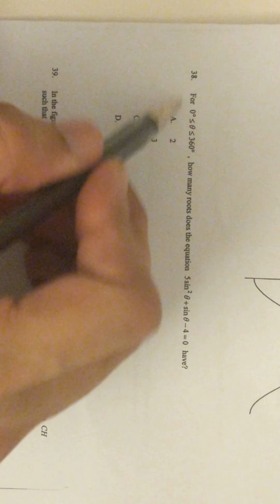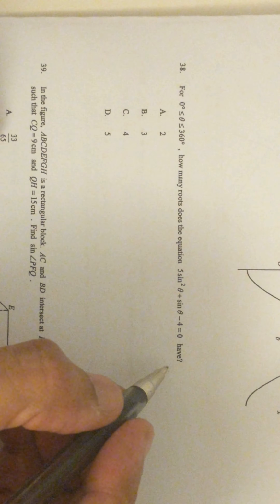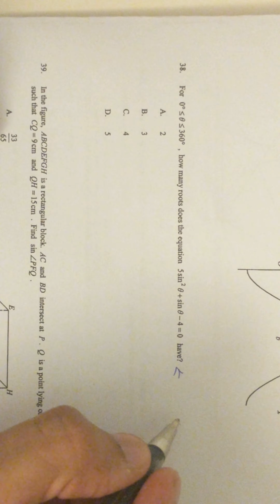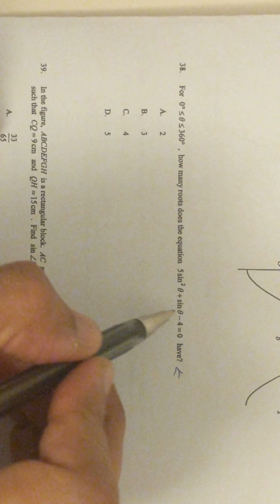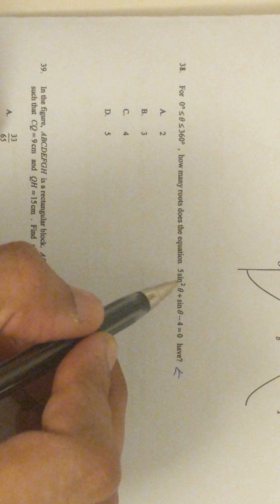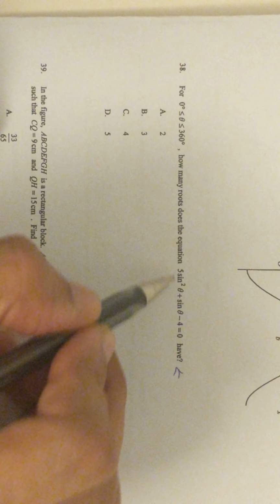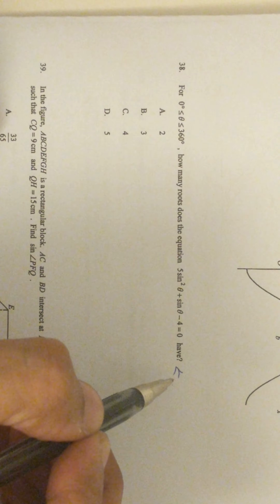Question 38. If you get this type of question tomorrow, then it would be actually quite nice. One thing you need to notice is that the sine theta and sine theta, or actually whatever it is, cosine theta, they should match. If they don't match, you have to make them match.